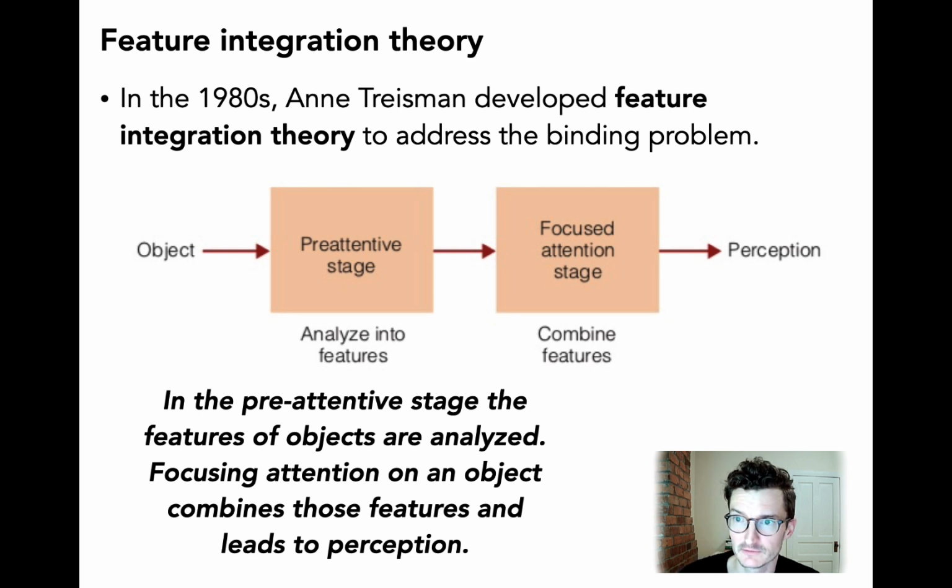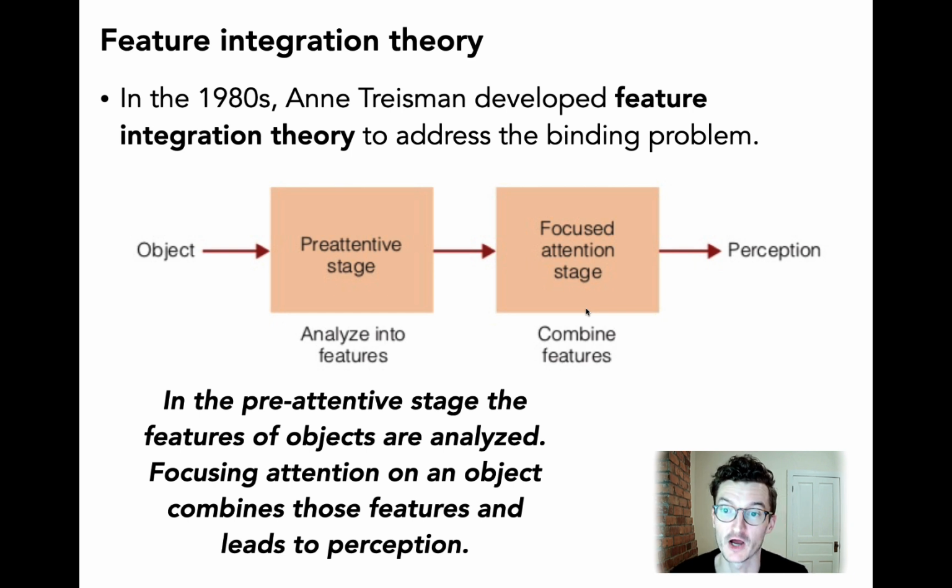And so feature integration theory proposes that when you look at an object, the brain analyzes the features of that object, and cells in visual cortex respond to the features of the object. And then there's a focused attention stage where by focusing attention on the object, you can actually bind the features of the object together.